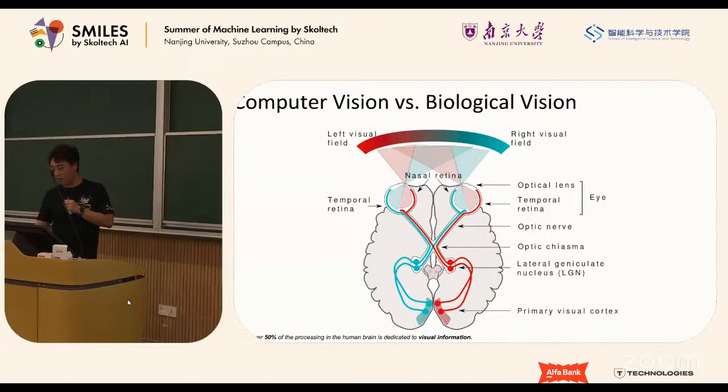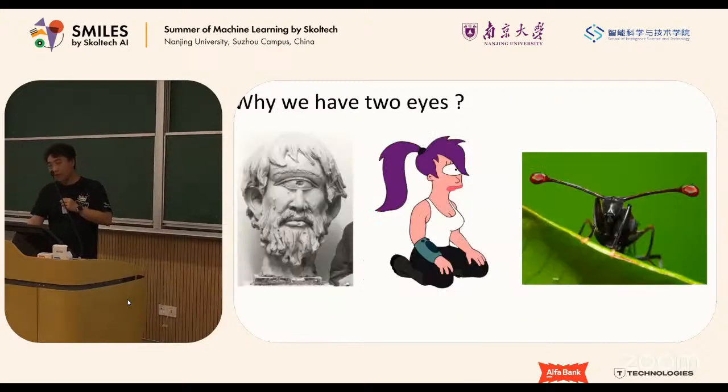Humans solve many visual tasks, but the apparent ease is the result of a complex biological system. So an interesting question is: why do human beings, and even many animals, have two eyes? This question is interesting and also very important.